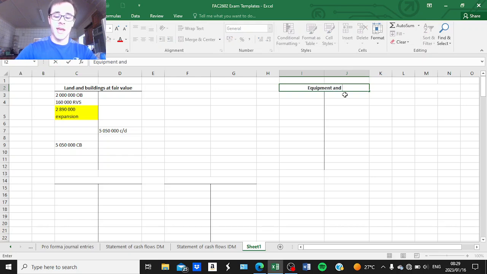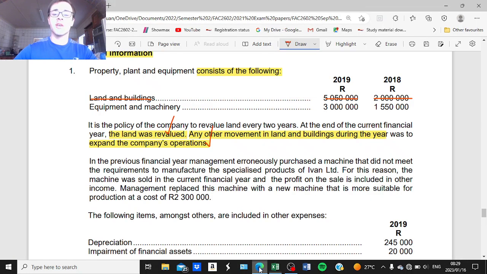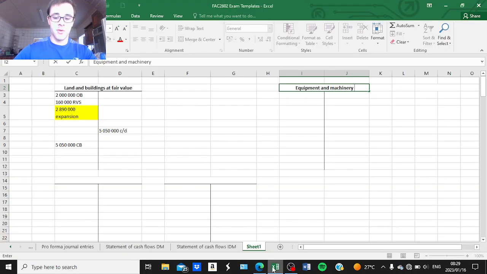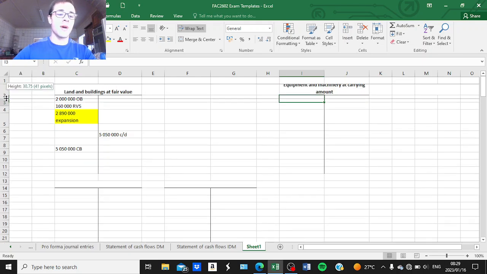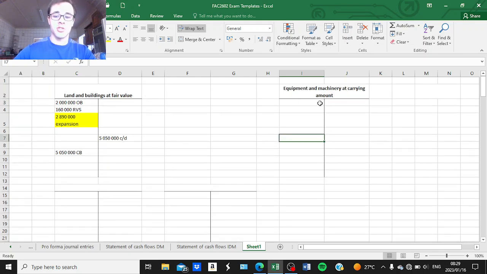And once again, keep in mind that these amounts are disclosed at carrying value, or these are the carrying amounts of equipment and machinery as at the beginning and end of the current financial year. Right, because property, plant and equipment is disclosed at carrying amount in the statement of financial position.